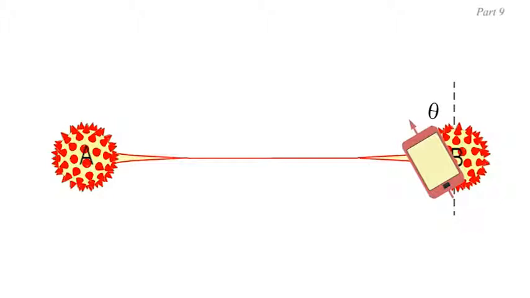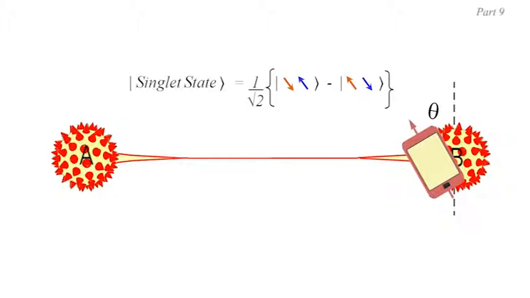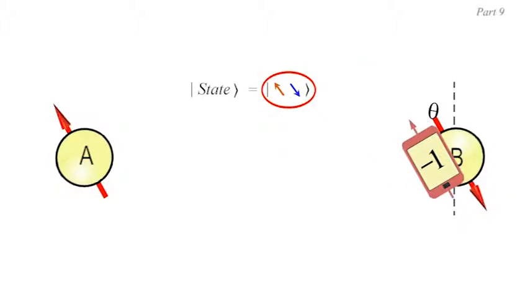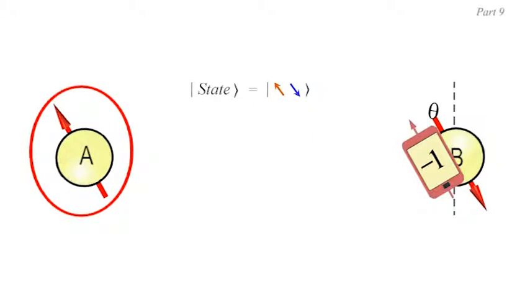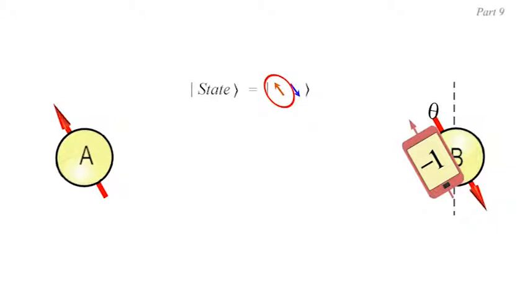Once again, this is standard for the singlet state because it can legitimately be written like this, where the half can once again be clearly seen from the square of 1/√2, the coefficient. After that measurement, and finding B to be in the negative theta direction, the state collapses to this. This means that the A electron, which had no direction before, is now pointing in the positive theta direction.